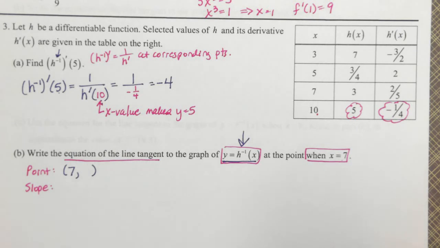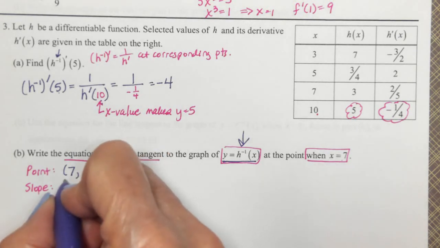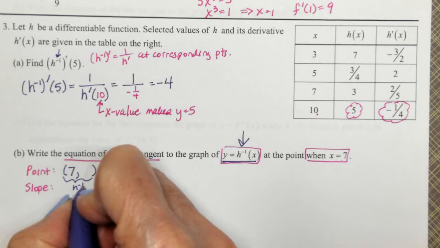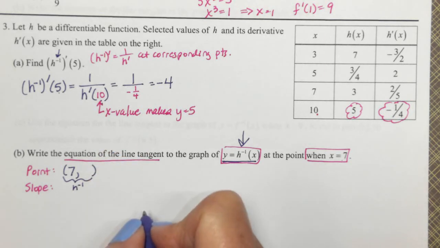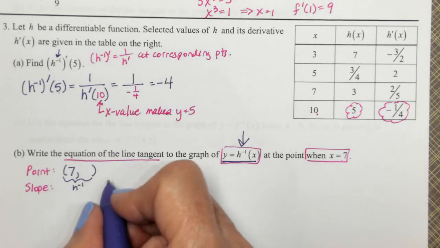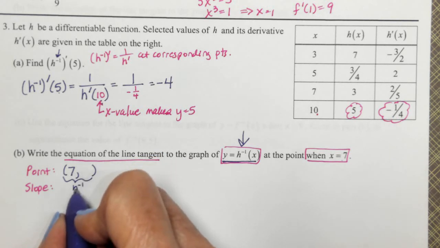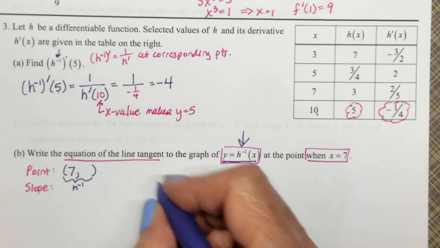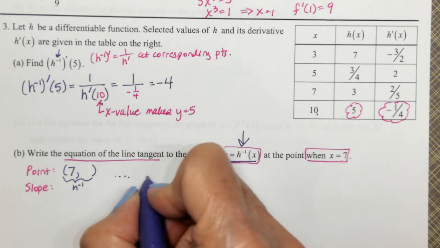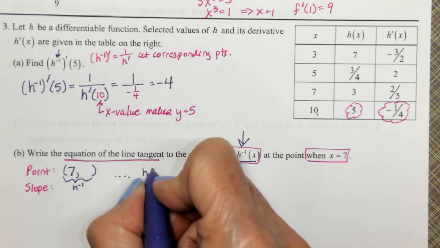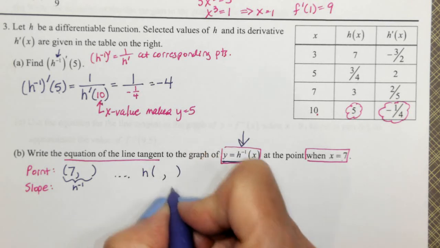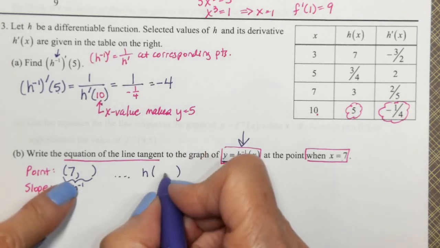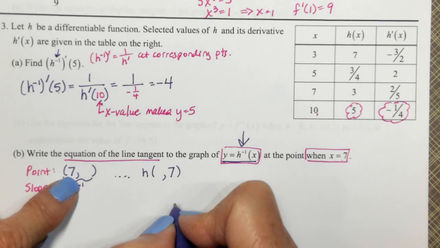How are we going to find the y-coordinate? Now this point is on H inverse, not on H. So how are we going to get the y-coordinate for H inverse? Well, we're going to have to examine the graph of H. So I'm going to go off to the side. The point on H would have y-coordinate 7.